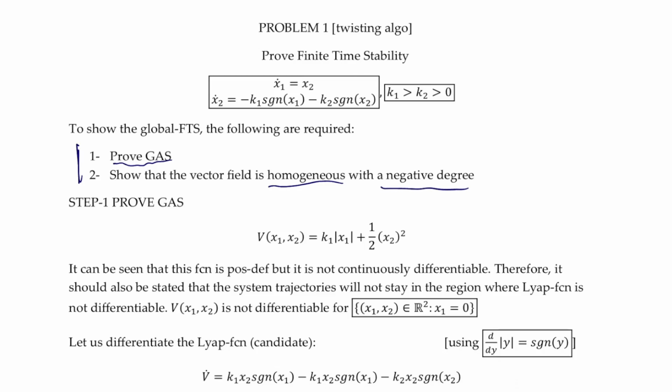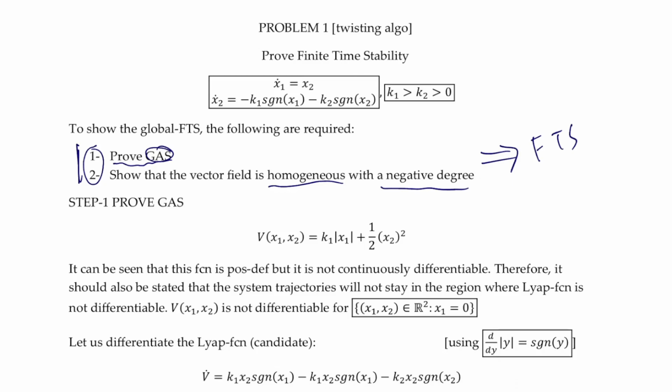If the system that you have satisfies these 2 conditions, if you're able to prove global asymptotic stability, and also if you are able to show that the vector field is homogeneous, or weighted homogeneous, with a negative degree, then that implies immediately that the system that you have has the FTS characteristic, meaning finite time stability.